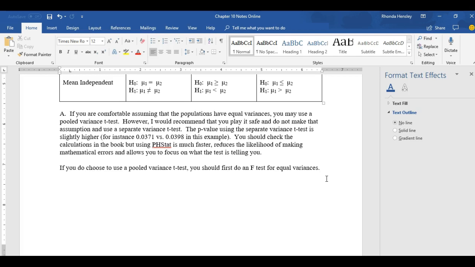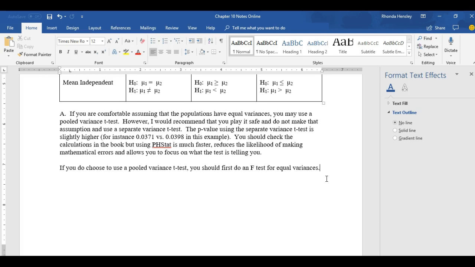I'm really uncomfortable with that unless you do an F-test for equal variances to determine that they actually are not different to begin with. So if you're going to use the pooled variance t-test, you have to do the F-test for equal variances first. Since we're doing all this in PHStat, that takes about two minutes. Not very long to do.